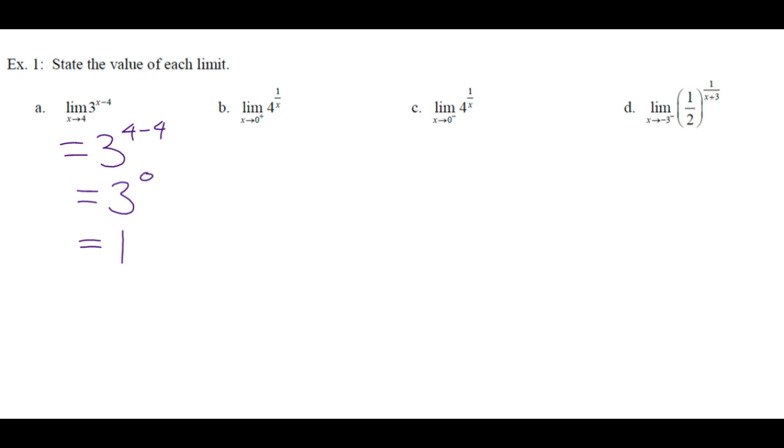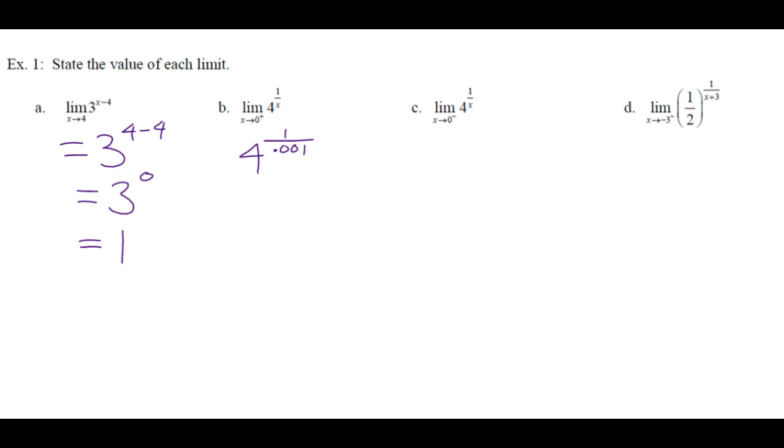If I put in 4 to the 1 over 0.001, so what is 1 divided by 0.001? So it's 1,000, right? And if we put in 0.0001, then that would be bigger, 10,000 or 100,000.